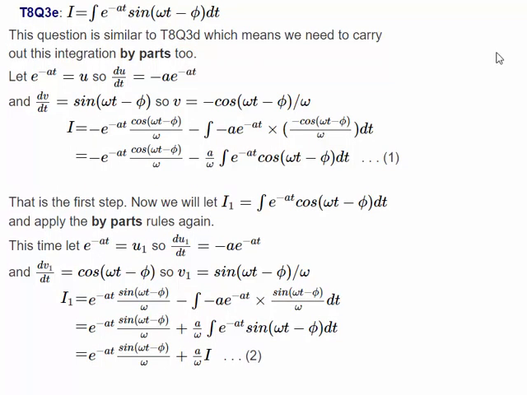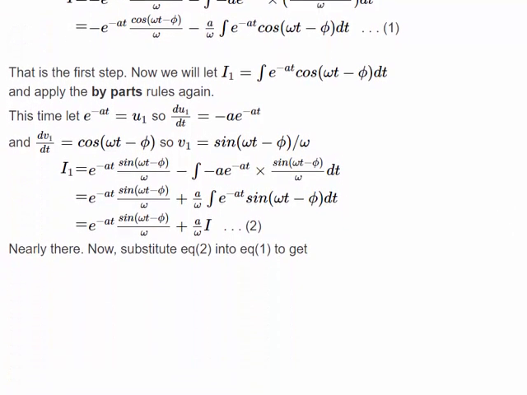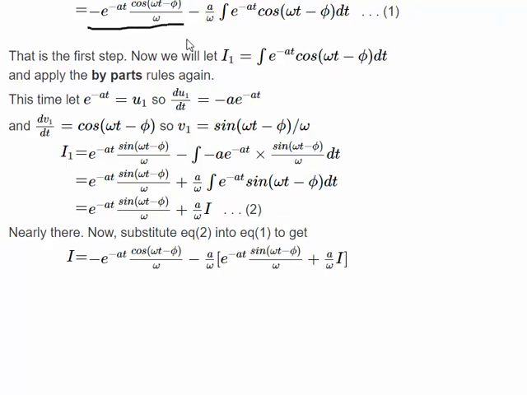Now we need to insert equation 2 into equation 1. I is equal to minus e to the minus at cos omega t minus phi over omega minus a over omega outside, e to the minus at sine omega t minus phi over omega plus a over omega times I.